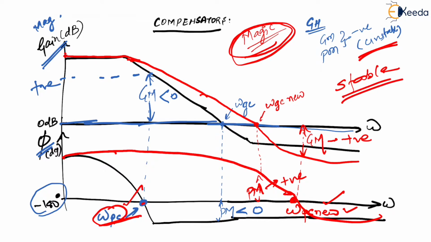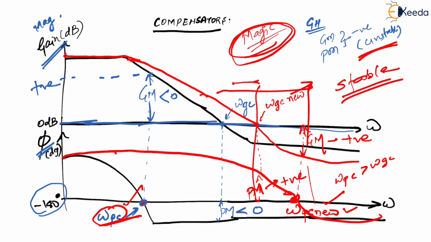If you check now, omega pc is here and omega gc is here, which means omega pc is definitely more and omega gc is less, so omega pc is greater than omega gc, which means the system is stable.